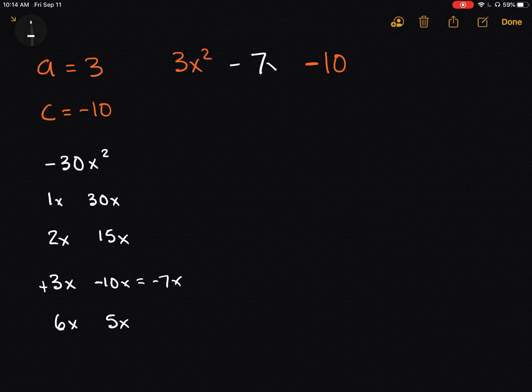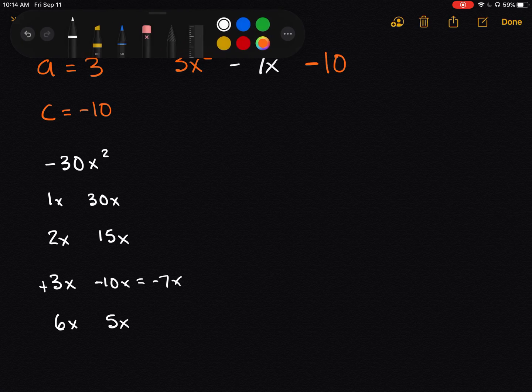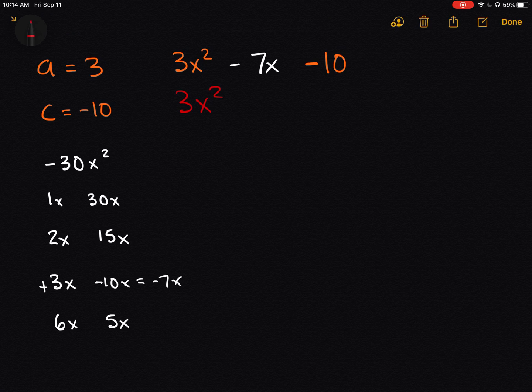So then here I could put 3x squared minus 7x minus 10, or you could also have done a negative 3x and a positive 10x, which would be 3x squared plus 7x minus 10.